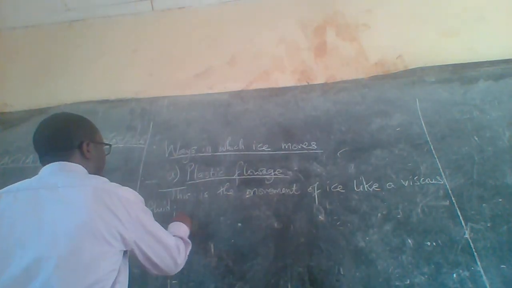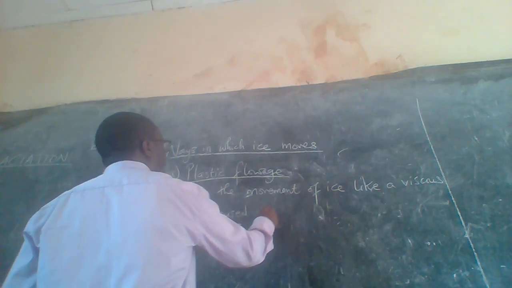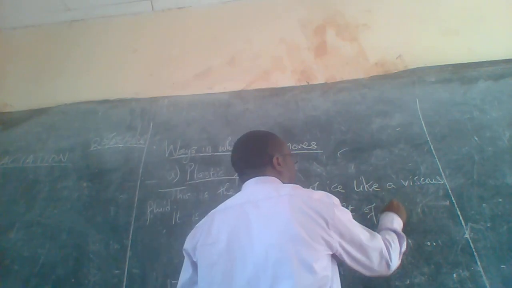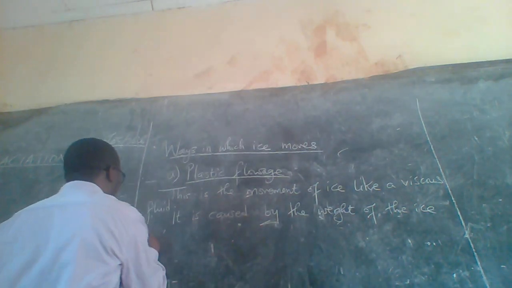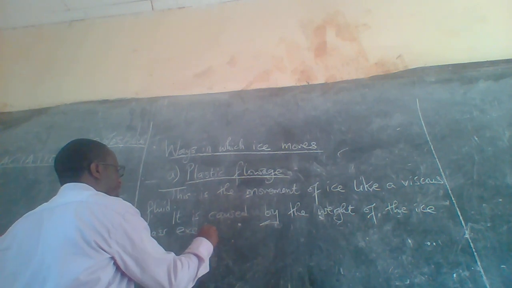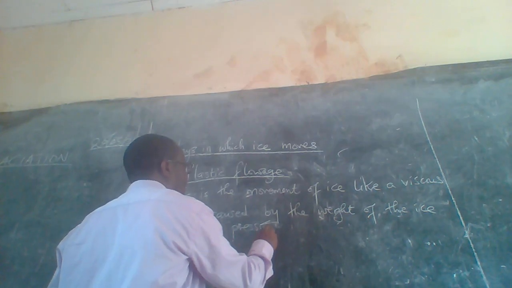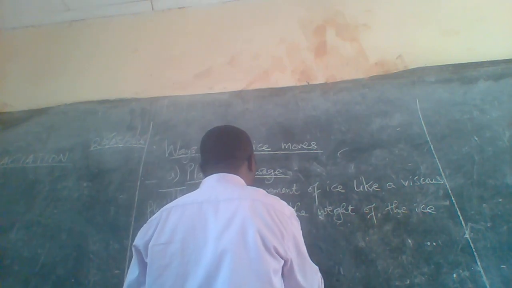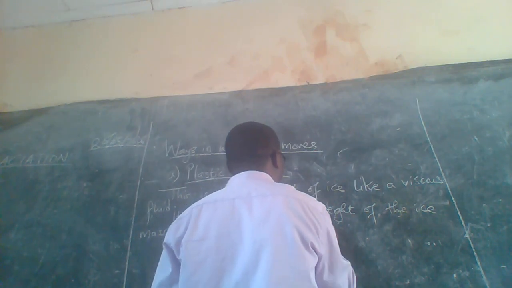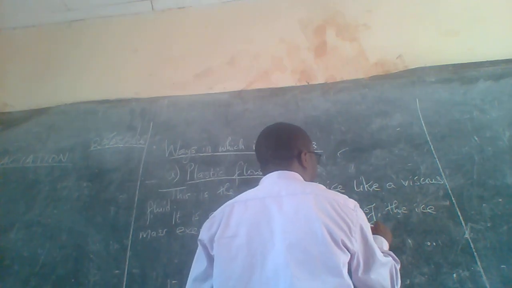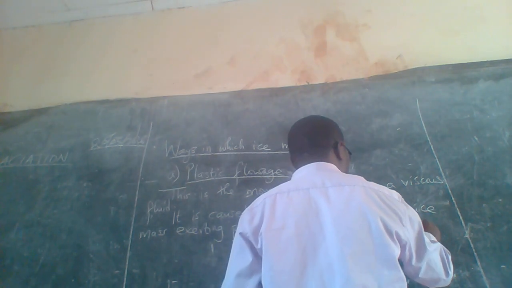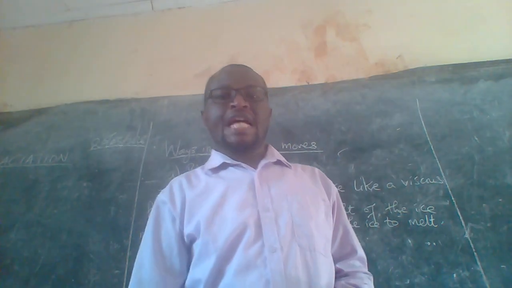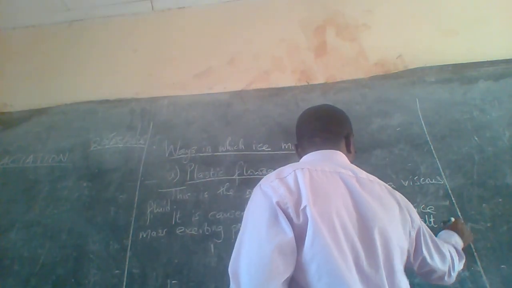Basically, we are saying that it is caused by the weight of the ice mass exerting pressure, causing the ice to melt at the base.